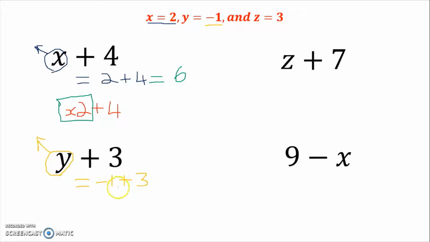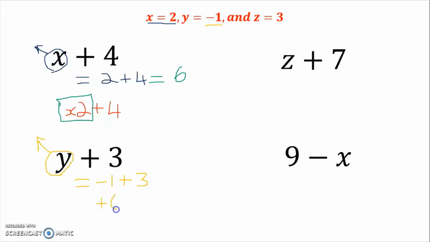Now, -1 plus 3: the signs are different. You have a negative sign here and a positive sign here. When the signs are different, you subtract and keep the sign of the larger number. The larger number is 3, and it is positive, so your answer will be positive.